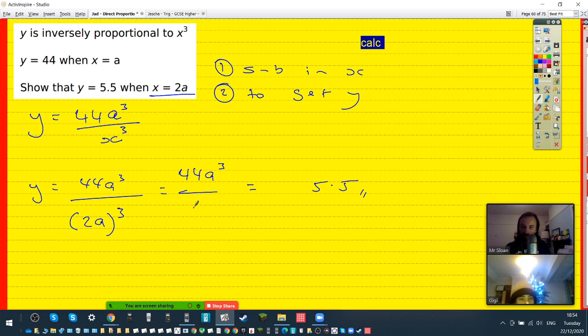6a. 2 times 2 times 2. I mean, a. And a times a times a. a cubed. That's it. And what can you do there? Find the value of a. a cubed over a cubed.